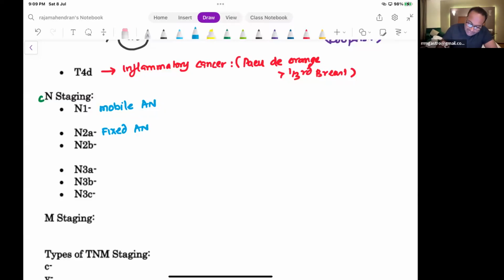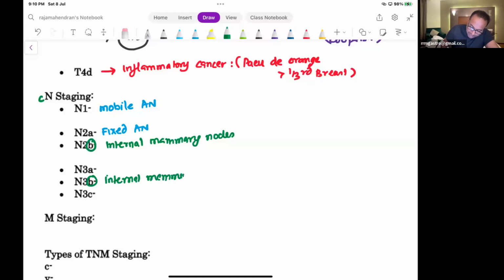See, N2B, whenever B comes, you will have internal mammary nodes, which are very difficult to find by clinical method. We need special investigations to find out whether internal mammary nodes are involved or not. So N2B is internal mammary nodes. N3B also will have internal mammary nodes, plus axillary nodes are seen.